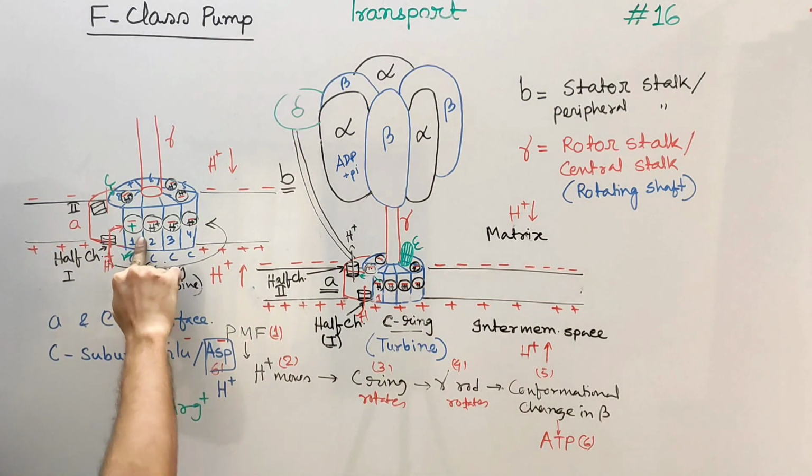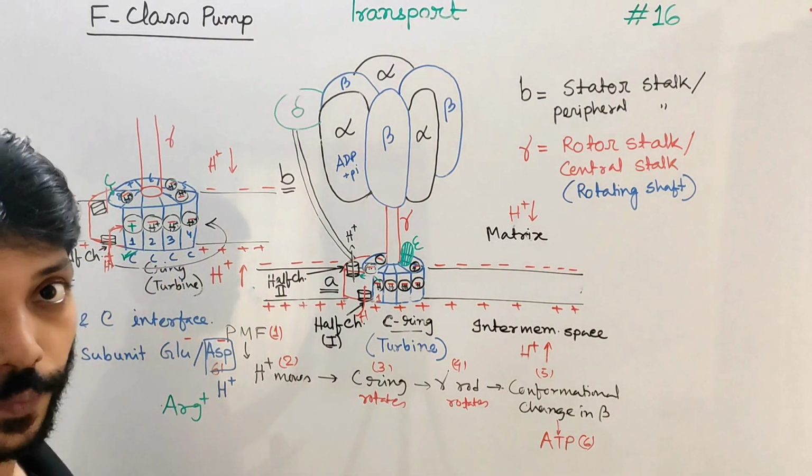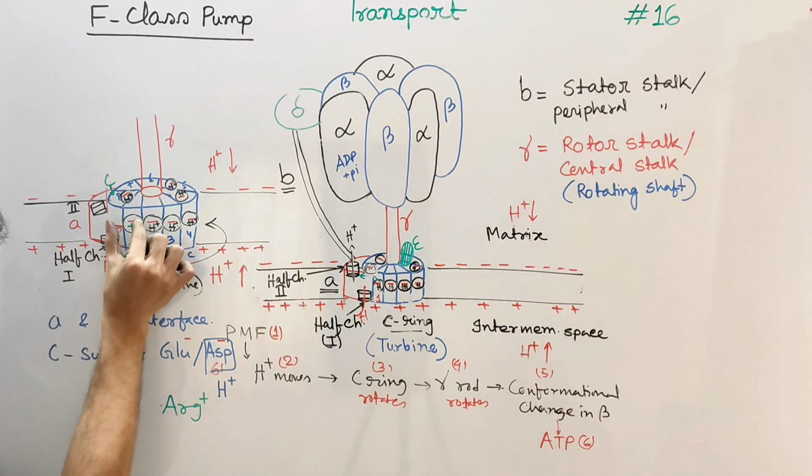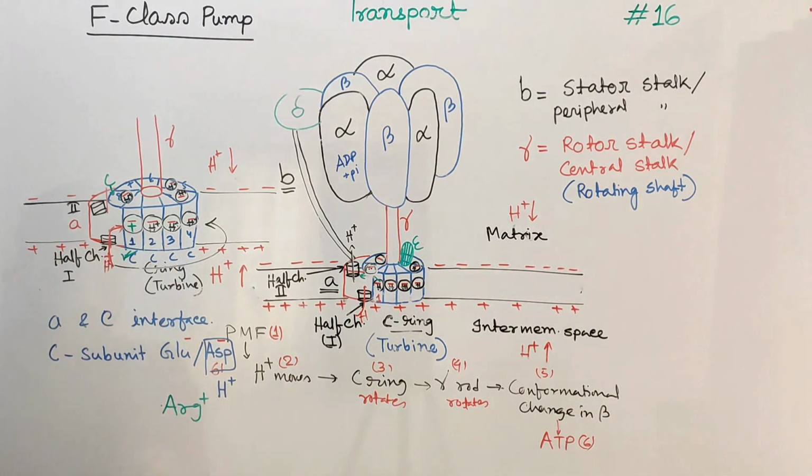Then in this C1 subunit, there is no proton, because the proton is just entering this empty portion. So we call this C1 the empty proton binding site. In this C1, there is no proton present.